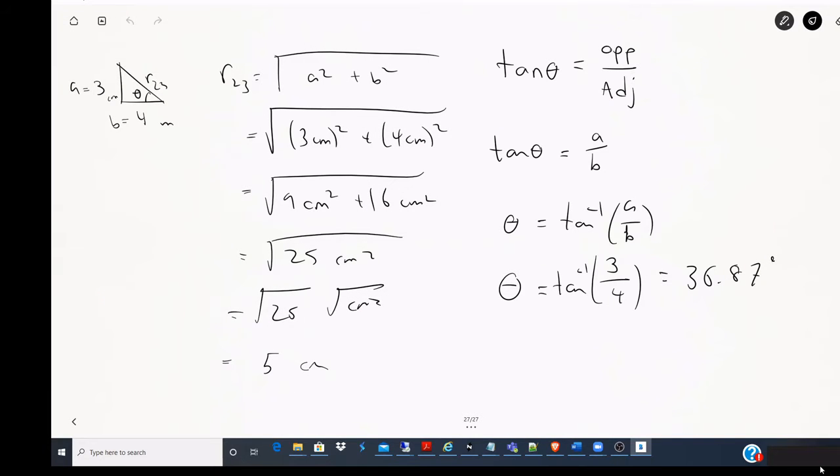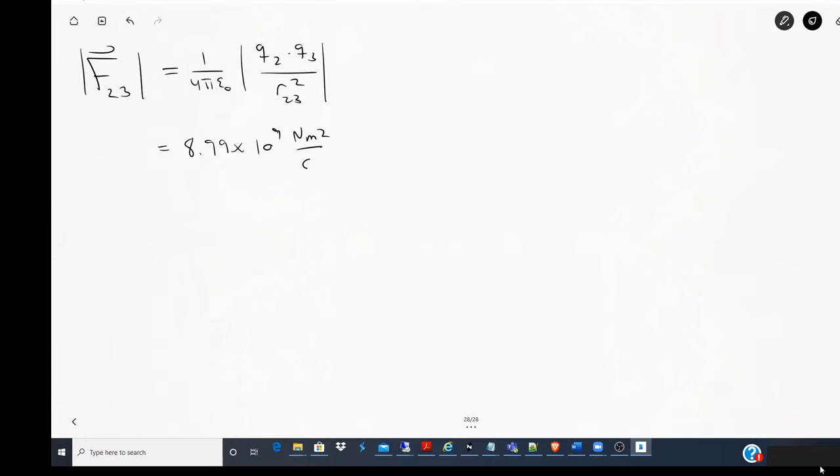F23, the magnitude of the force that 2 exerts on 3, is 1 over 4 pi epsilon naught times the absolute value of charge 2 times charge 3 divided by the distance between charge 2 and 3 squared. 1 over 4 pi epsilon naught is just Coulomb's constant, so that's 8.99 times 10 to the 9th Newton meter squared per Coulomb squared.